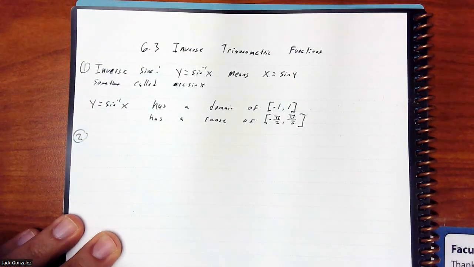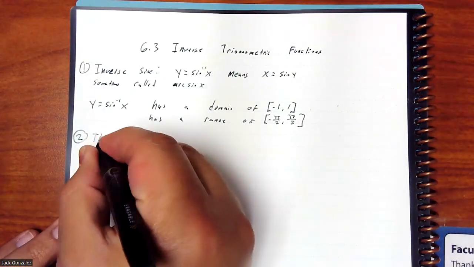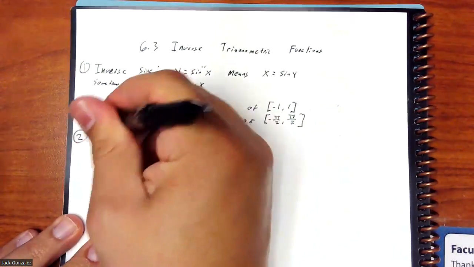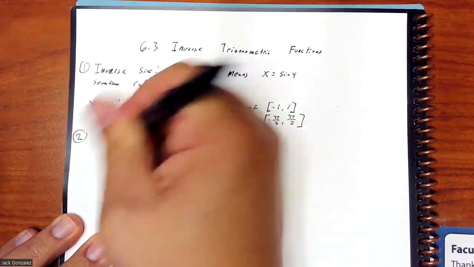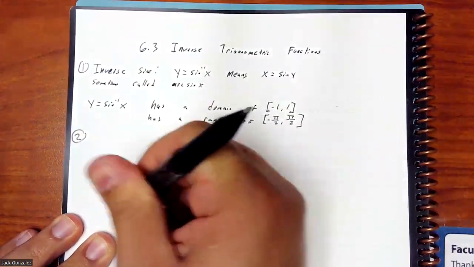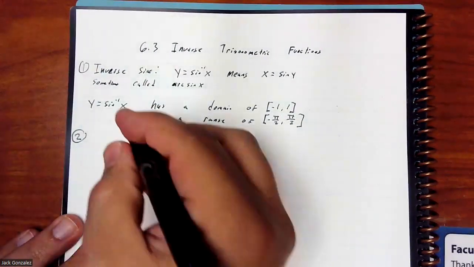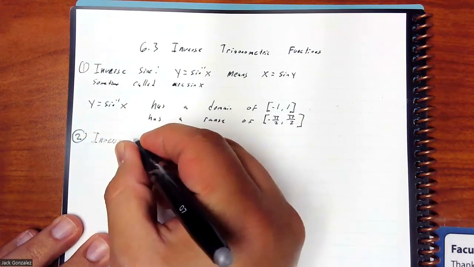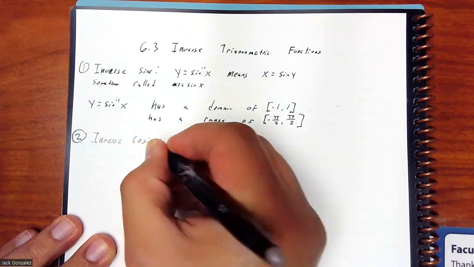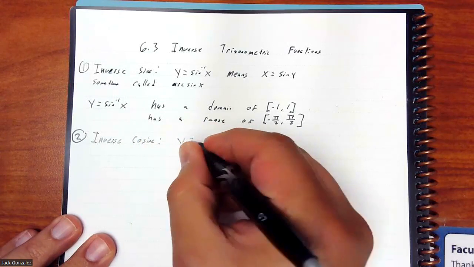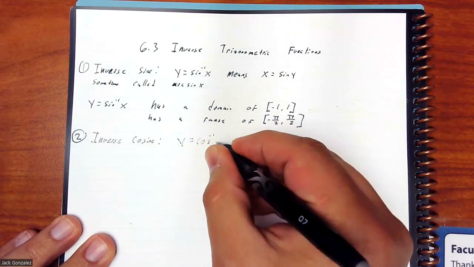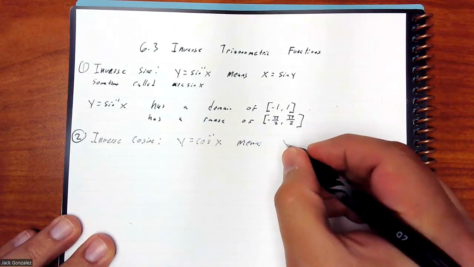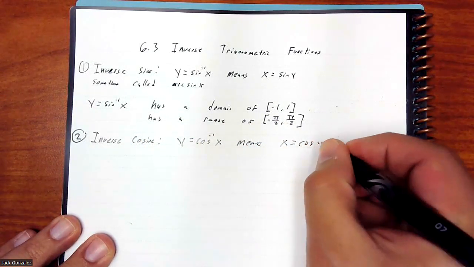Number 2, the inverse cosine. So y equals cosine inverse of x means x is equal to cosine of y.